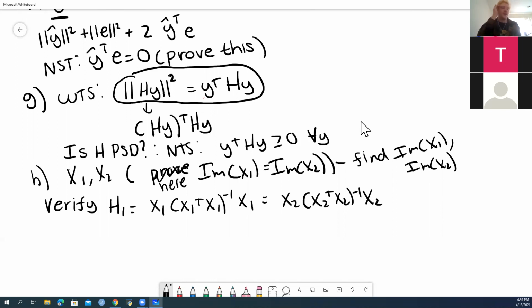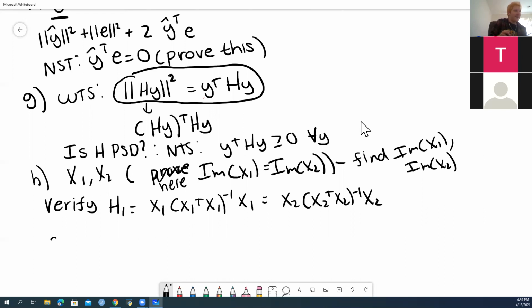You can do that a couple ways. You can just do it by hand, which I think would be the best way to do it, honestly. I can't think of a better way to do it. I'm sure there is if you can think of one, but you can also just literally multiply them out and see what happens.